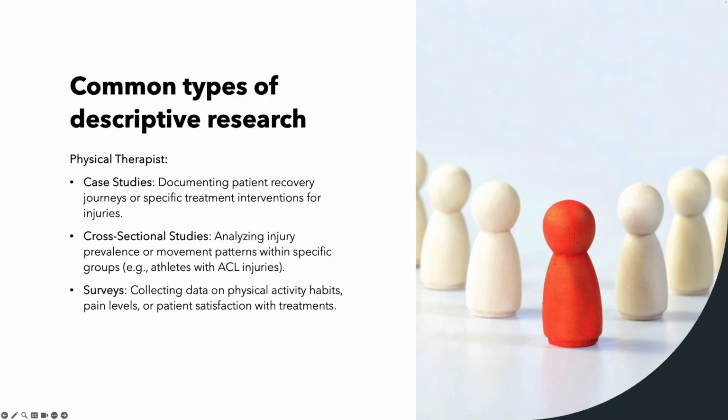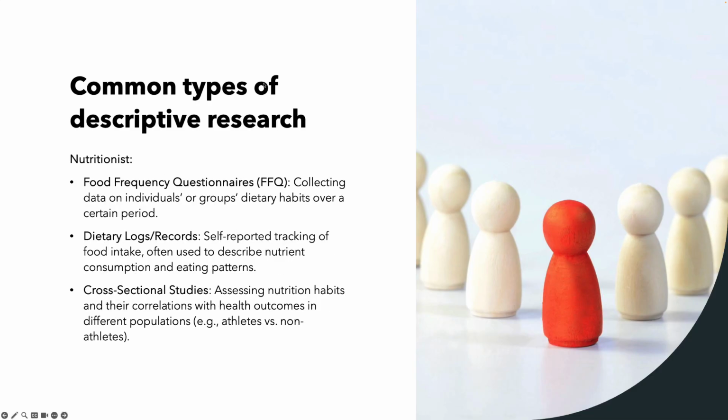And if we are doing anything with nutrition, I did try to find some literature out there that would be descriptive in nature. Like I said, in nutrition, there is a bit of a relationship between descriptive and experimental, and these would be food frequency questionnaires when you're collecting what an individual is eating or their dietary habits, dietary logs and records.